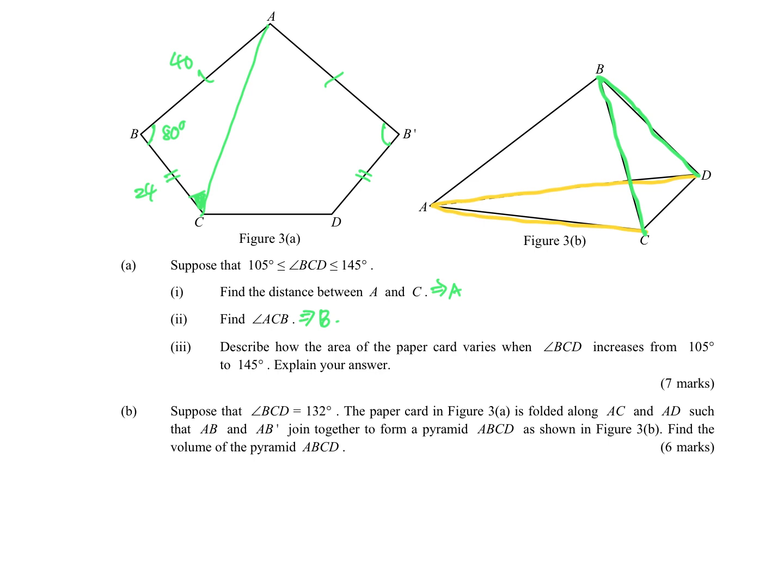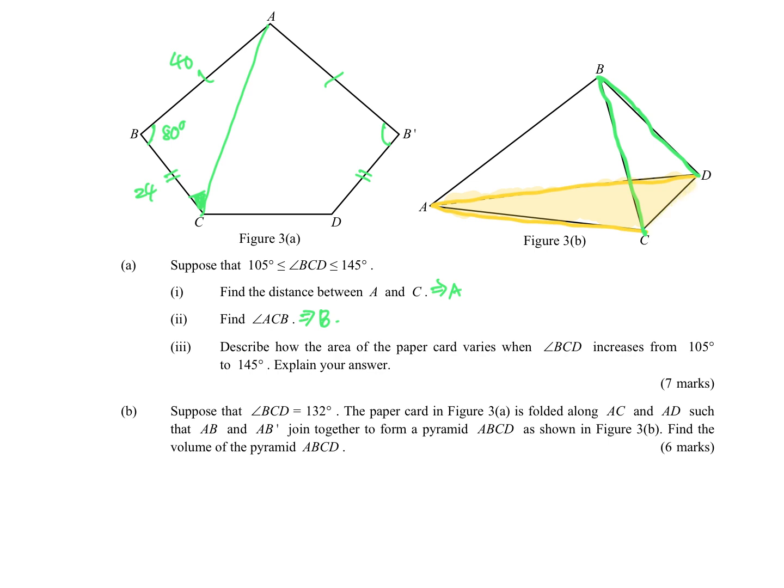So in order to find the volume of the pyramid, which is one third base area times the height, the base will undoubtedly be ACD, but the height will be difficult.